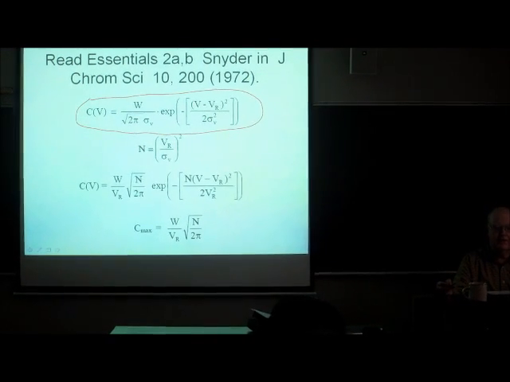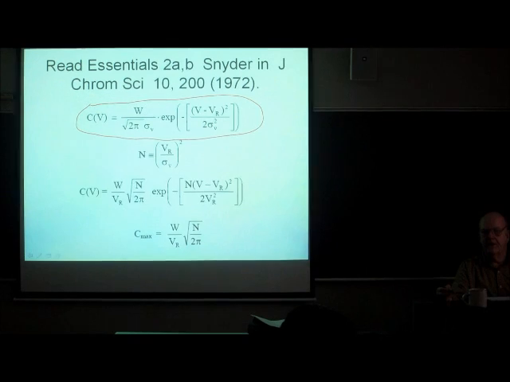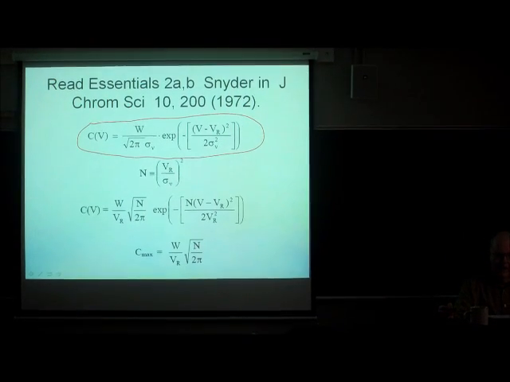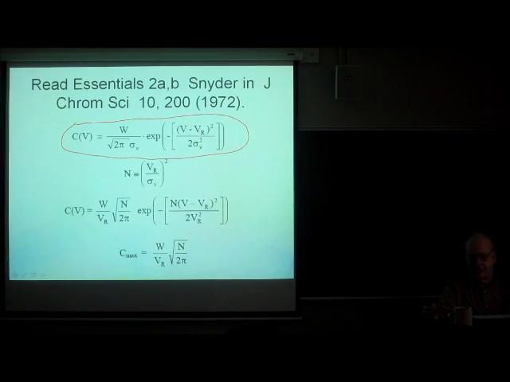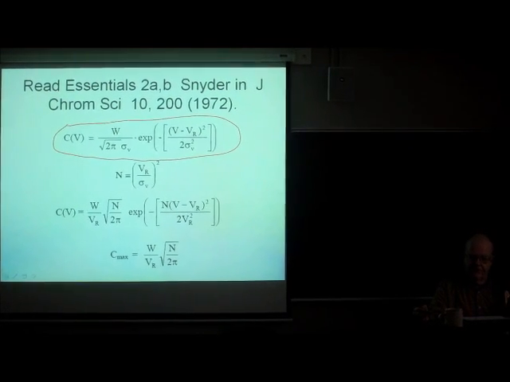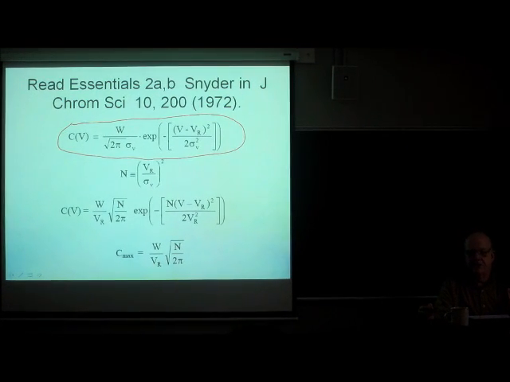I'm giving the equation as a function of the volume of eluent that you put into the column. W is the total amount of a particular compound, say compound A, that's in a mixture. Sigma V is the standard deviation of the peak for compound A, and VR is the retention volume of the peak for A.